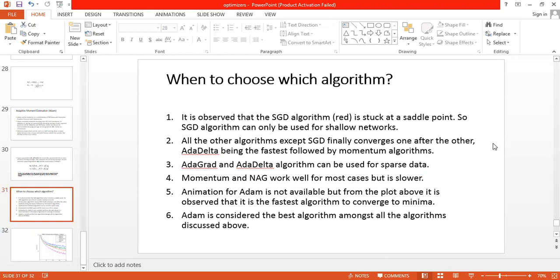For Adam, we have already seen the visualization, and this is the fastest algorithm to converge to the minima. Adam is considered the best algorithm among all the algorithms. Popularly, RMSprop and Adam are the two optimizers which we use according to our data set, and they are heavily used today. So these were brief introductions to all the optimizers.